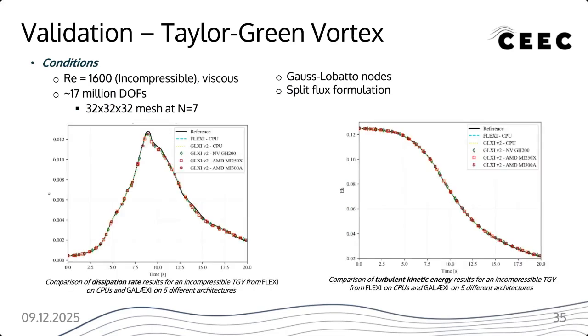And here's some results for some important turbulent properties. As you can see, we're matching the reference data, DNS reference data, wonderfully. We're a little off the reference data, but the key thing here is that we're matching our CPU results from FLEXI exactly on all architectures: on CPU for GALÆXI, on NVIDIA GPUs, and on AMD GPUs.